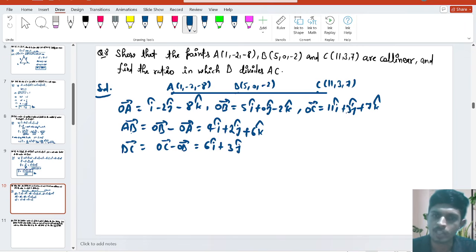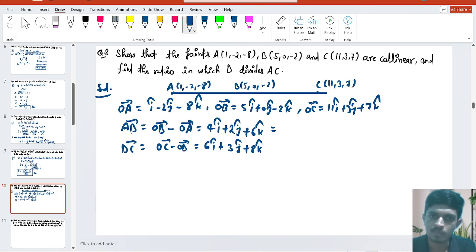I hope it is clear to you. And 7k cap minus 2k cap becomes... So you get 6i cap plus 3j cap plus 8k cap.